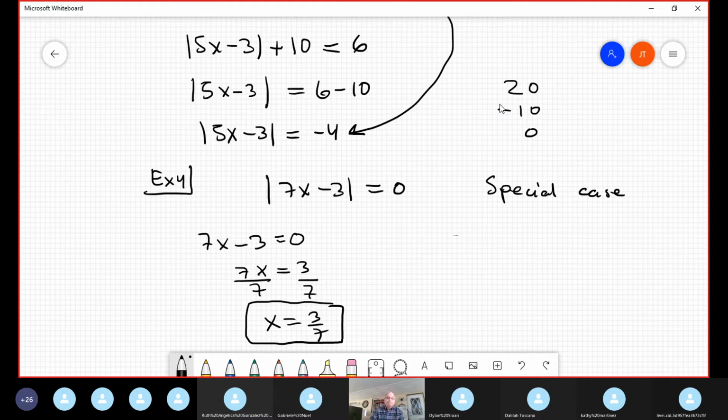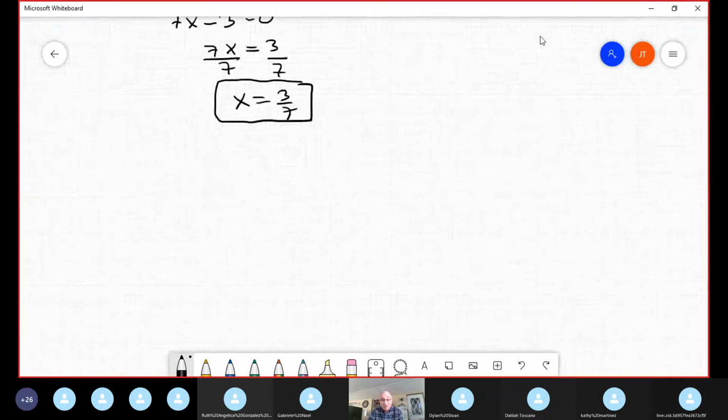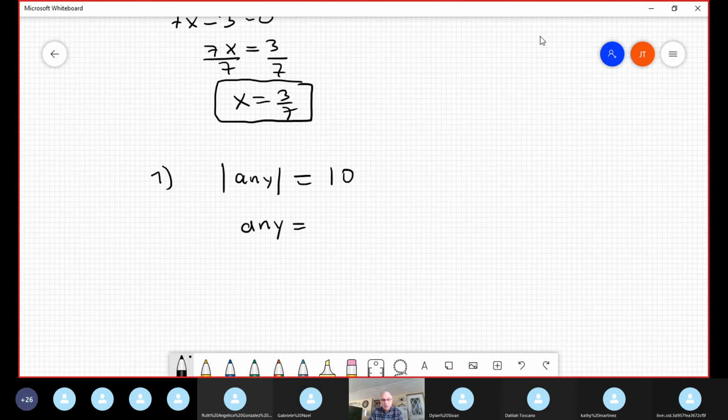Okay. Now, if I want to summarize everything, we have 3 possibilities when you solve the equation. Possibility number 1: suppose any expression equals 10. You copy the expression equals 10 or the expression equals minus 10.